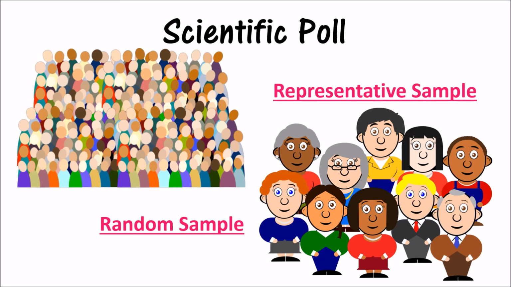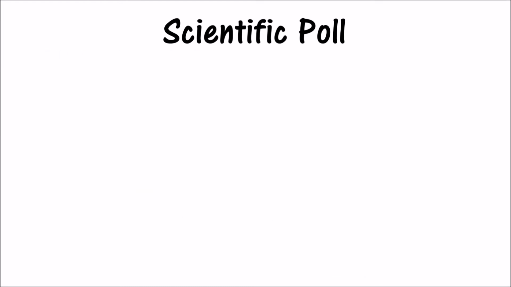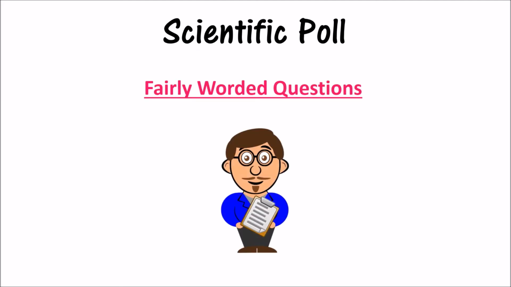Instead, a scientific poll of what the American people think that uses random sampling and makes sure there is a representative sample means the poll will include people with various demographic characteristics like gender, age, race, and social class. Another important characteristic of a scientific poll is to have fairly worded questions.